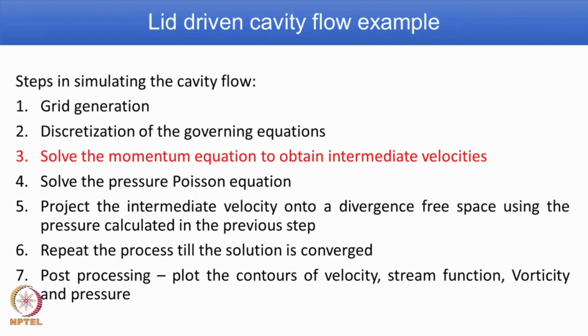We listed in the last module the algorithm or steps involved in arriving at a code and numerical strategy. Step 1, grid generation, then discretization of the governing equation, solving the momentum equation to obtain intermediate velocities, solving the pressure Poisson equation, then projecting the intermediate velocity onto a divergence free space using the pressure obtained through the pressure Poisson equation, and repeating the above steps until convergence is ensured.